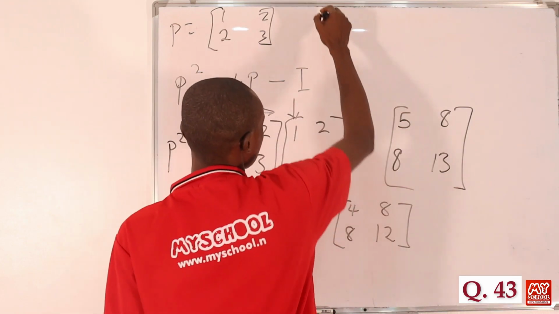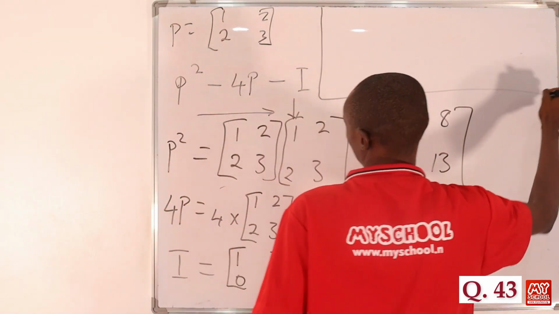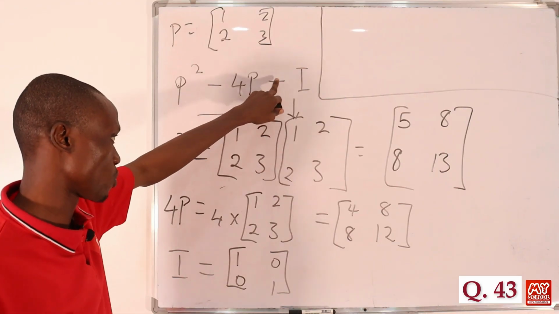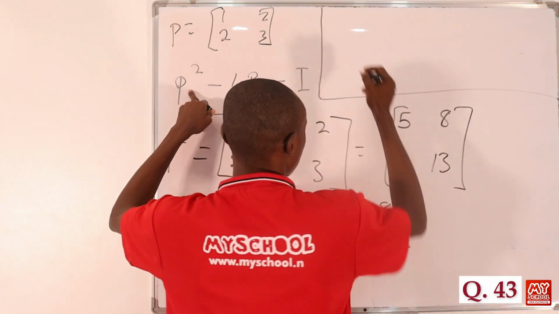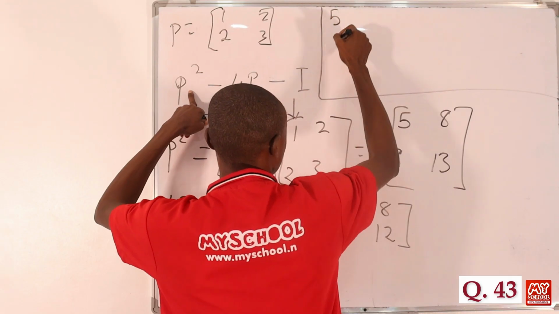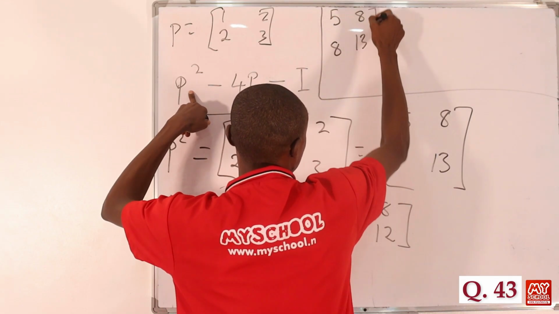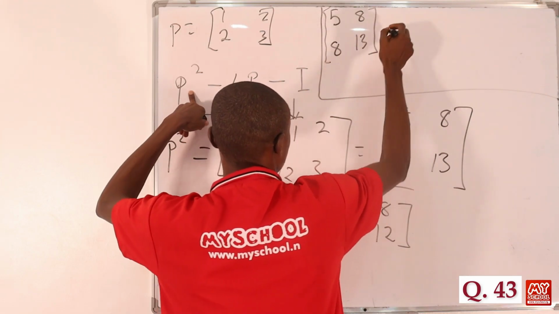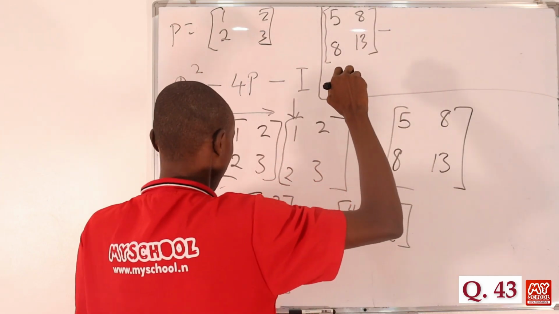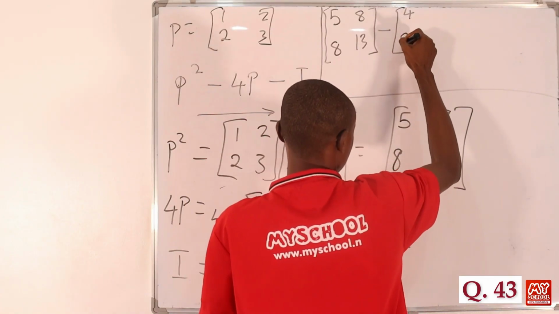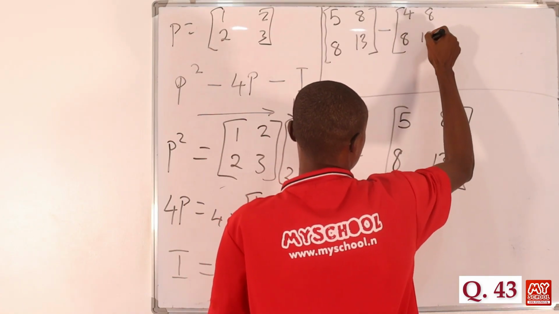Okay, so let's bring these three together and get the value of P squared minus 4P minus I. So our P squared is 5, 8, 8, and 13 in brackets. Then for our minus 4P, which is 4, 8, 8, and 12.